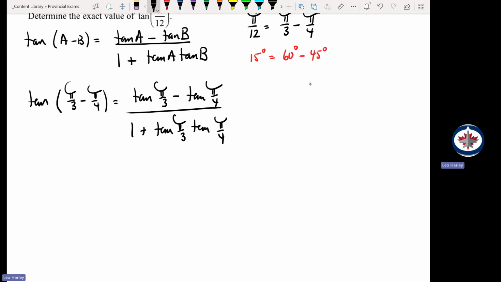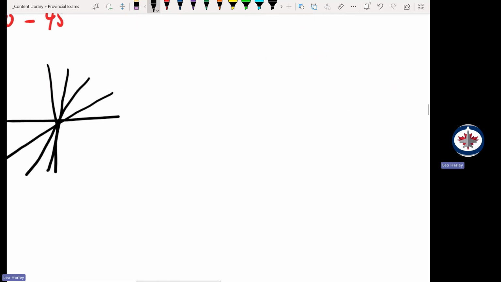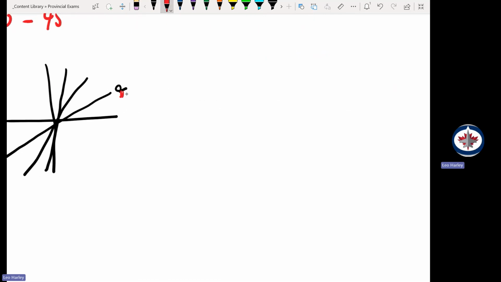And then you need to remember, how does tan work? A little bit on the unit circle. Can I remind you of this here, just to help you out? If you're at pi by 6, isn't the tan of pi by 6 the flat one? So it's 1 over the square root of 3.